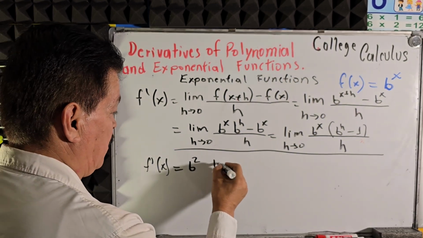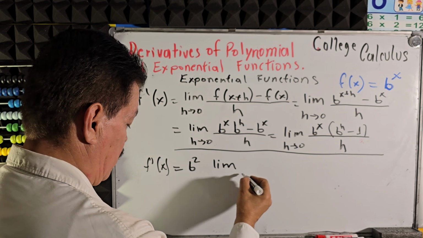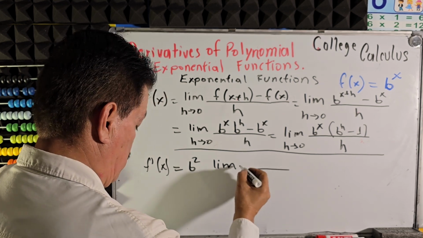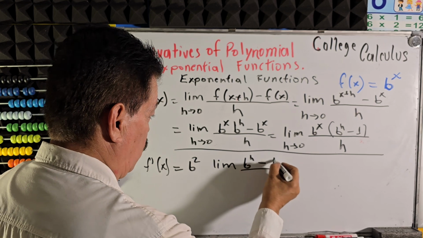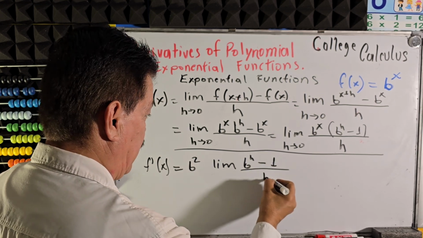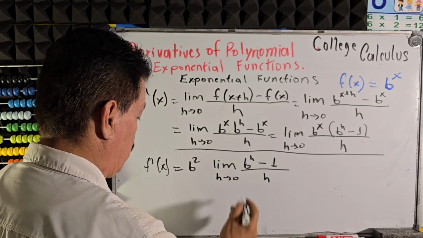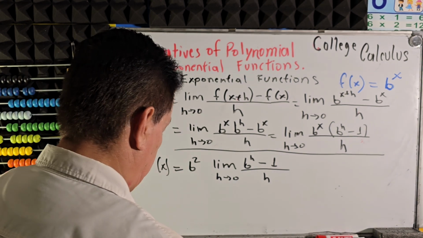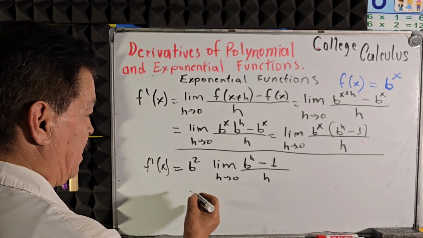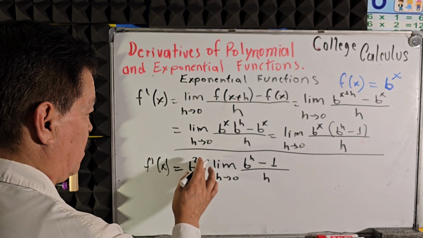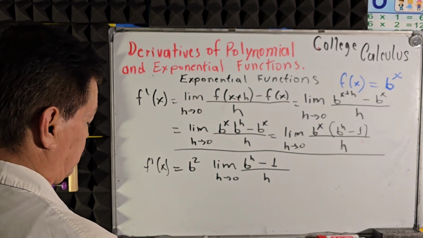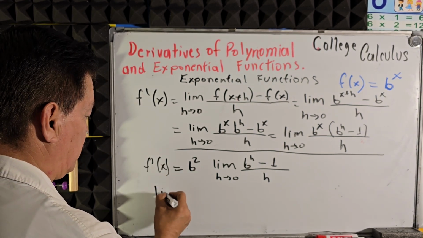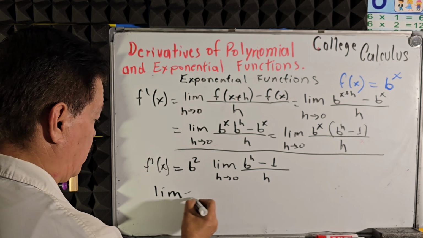We will have the limit of b to the h power minus 1 divided by h when h approaches 0, right? That's a formula, okay?